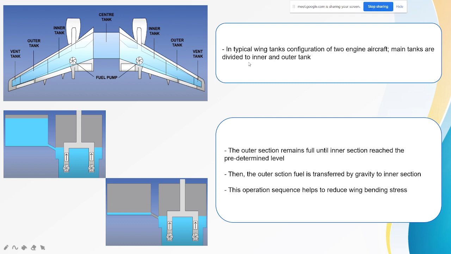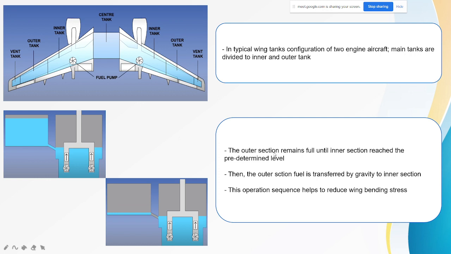This is in addition to the fuel consumption as informed yesterday or before. In a typical tank configuration of a two-engine aircraft, the main tanks at the wings are divided into an inner tank and an outer tank. As we can see in the picture, this is the schematic configuration of the inner and outer tank. This is the outer tank, this is the inner tank. At first, all the tanks are full at the same level.